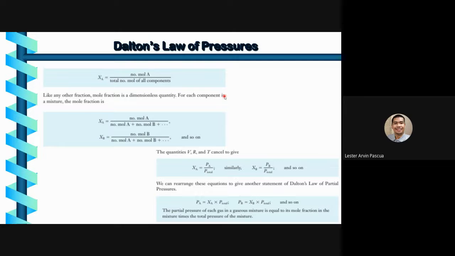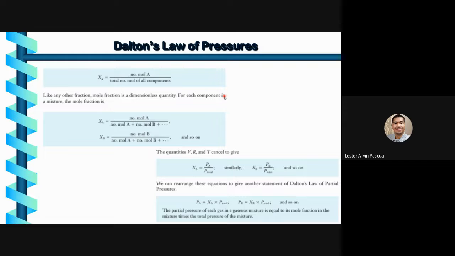So because of our knowledge of Dalton's law of pressure, no, we can also determine yung tinatawag na partial pressures. Okay? Or yung parang counterpart naman niya sa number of moles is yung tinatawag na mole fraction. Yun yung X na nakikita niyo dyan sa screen niyo. Okay? So this is your mole fraction. It's a dimensionless quantity. Para siyang percentage.